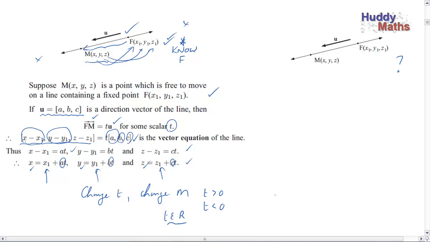Okay, let's imagine we have the origin somewhere in 3D space. We've got a set of axes, so we have the origin. Now our aim here is to travel out to a point on this particular line, defined by this point and this direction vector.